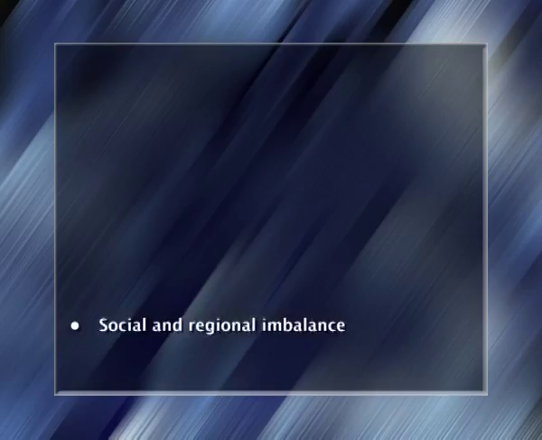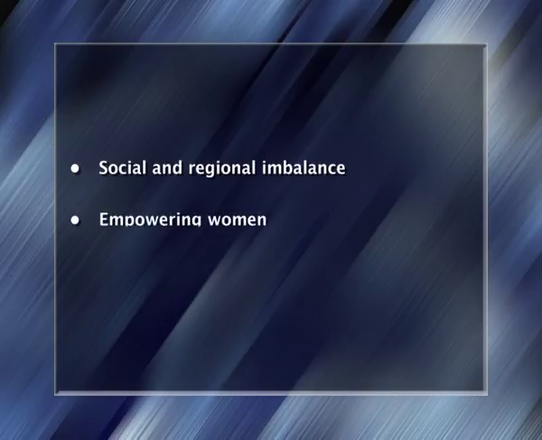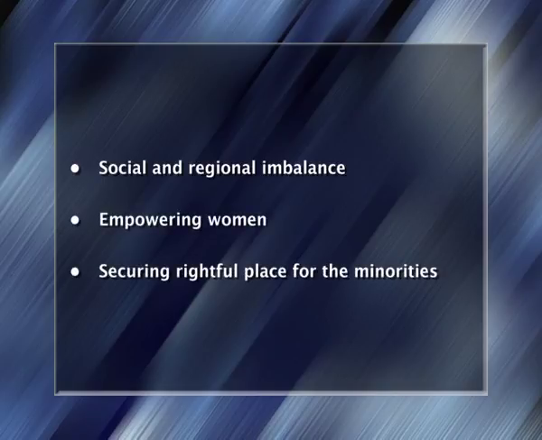The basic objectives of the National Policy of Education of 1986 and the Programme of Action of 1992 emphasized that education must play a positive and interventionist role in correcting social and regional imbalance, empowering women, and securing a rightful place for the minorities.